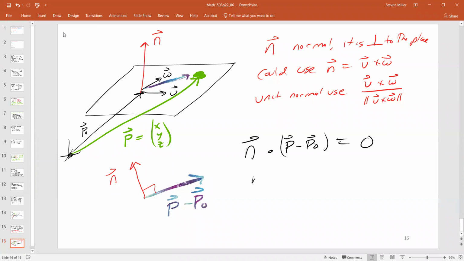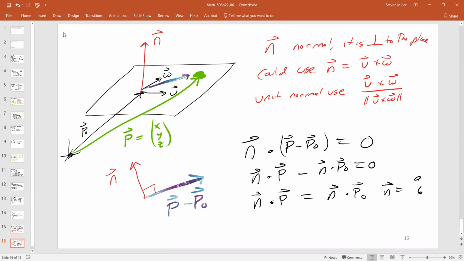So we get n dotted with P minus n dotted with P naught equals 0, where n dotted with P equals n dotted with P naught. And if we let the normal be A, B, C, we get Ax plus By plus Cz equals D. We're just letting that be D. So this is a nicer way of getting to the equation of the plane.